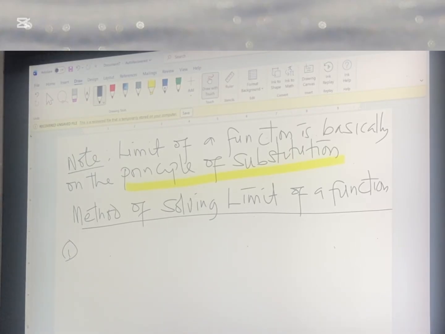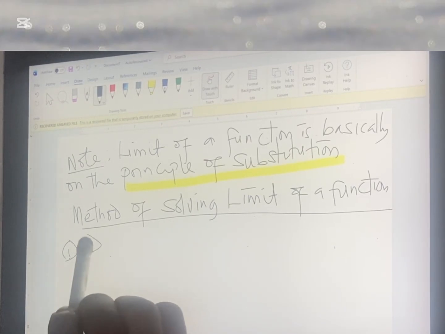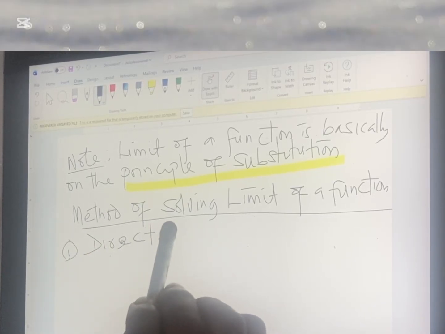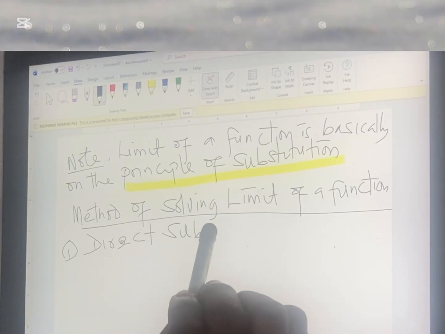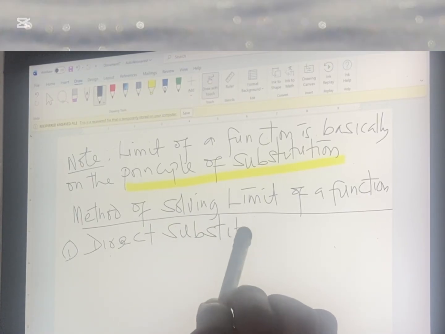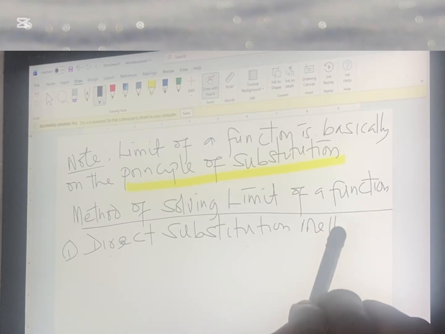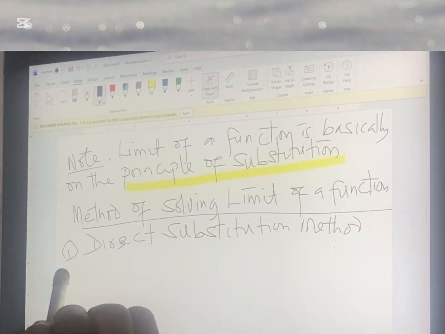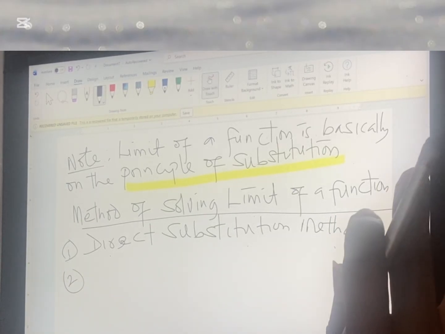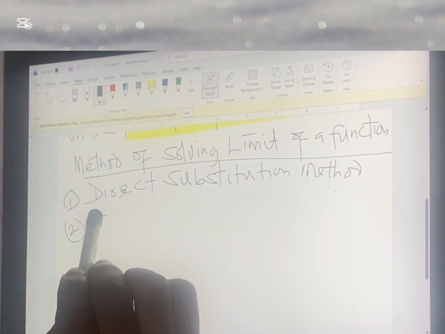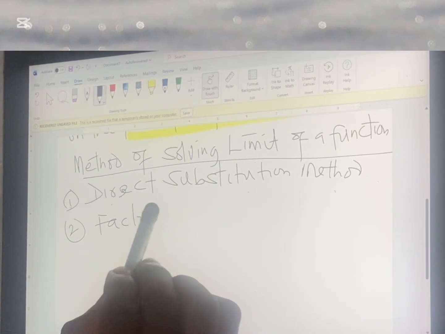The first method here is direct substitution method. The second method here, class, is factorization method.